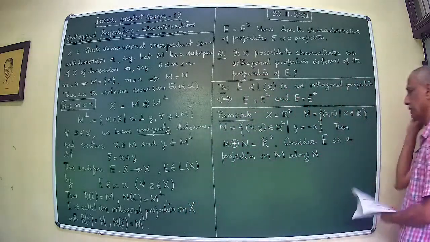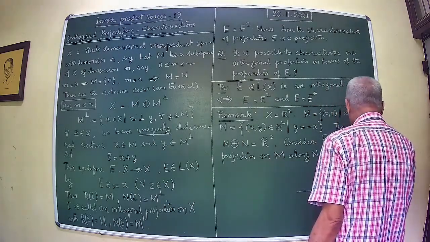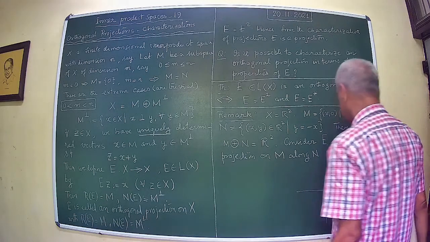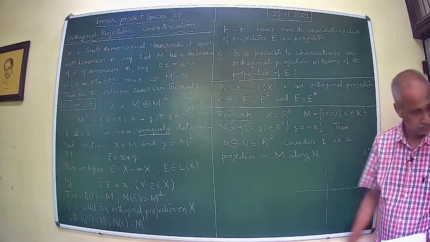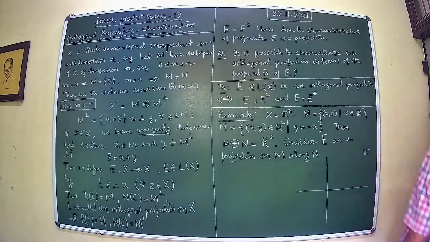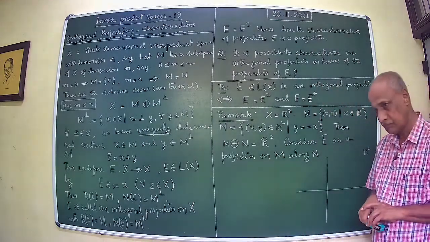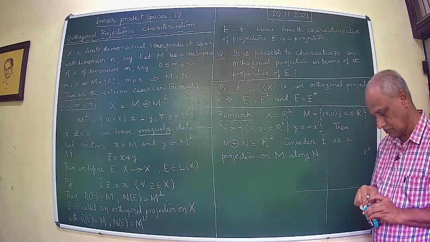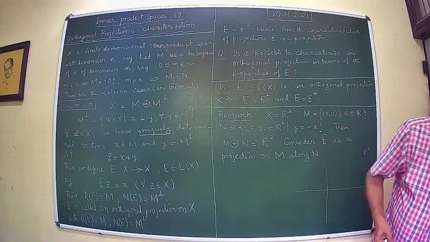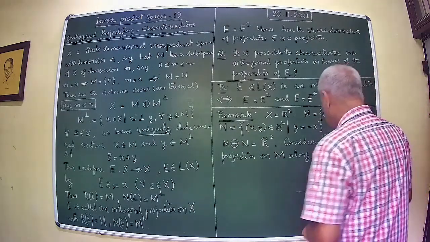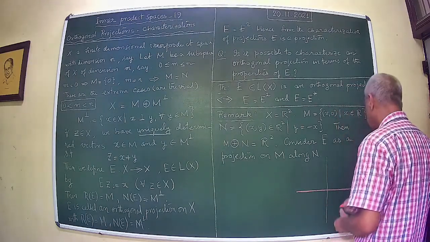Let us try to understand this problem pictorially. So what is it that you have? This is your standard R2 with the standard basis. One of the spaces that we consider, M, is taken as this space.